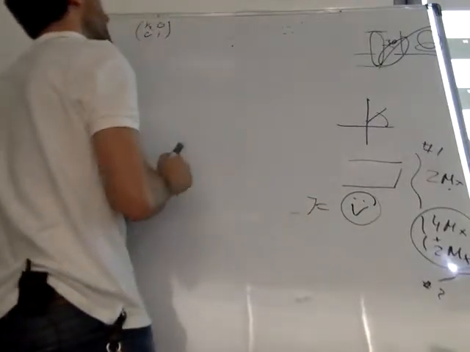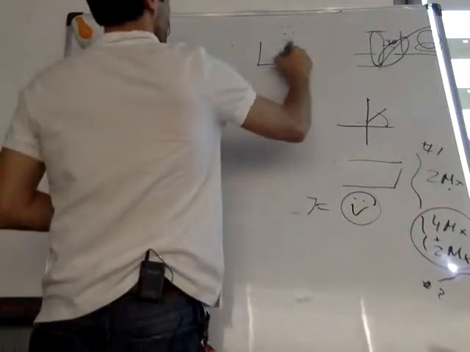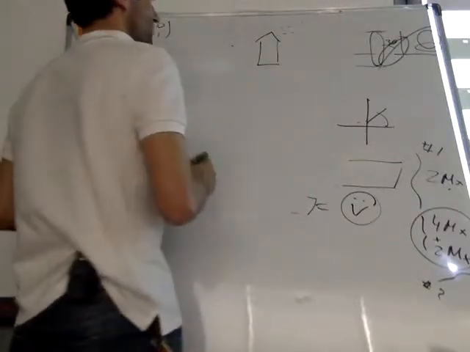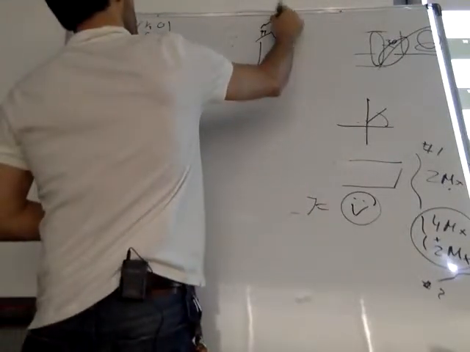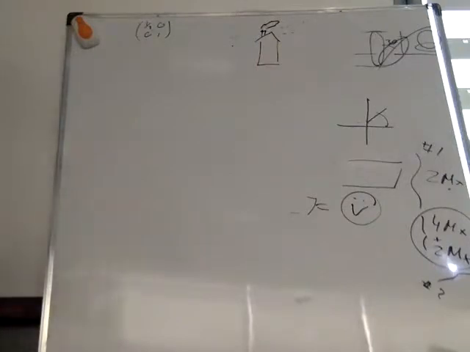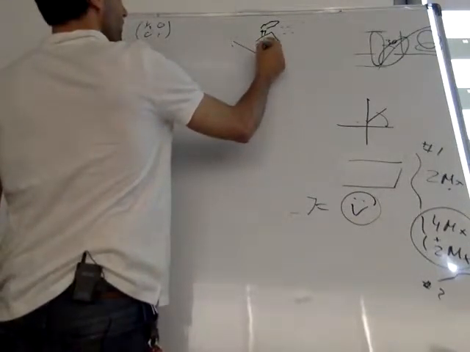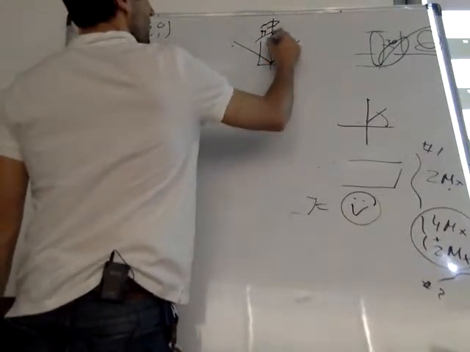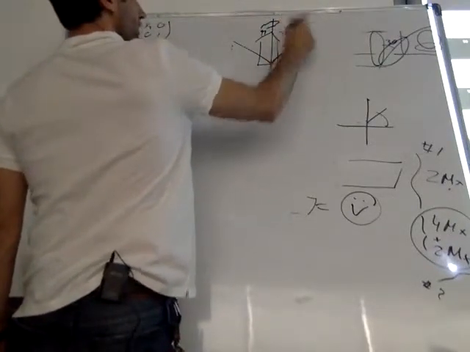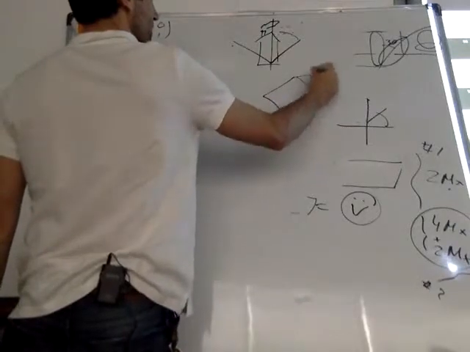Imagine I have an object, this house is my object, okay? Imagine I apply a rotation matrix minus 45. So first I apply minus 45, so the house ends like this.